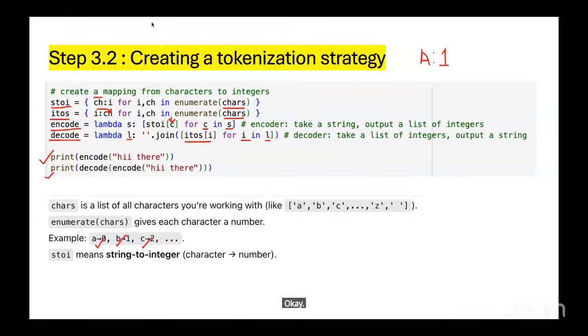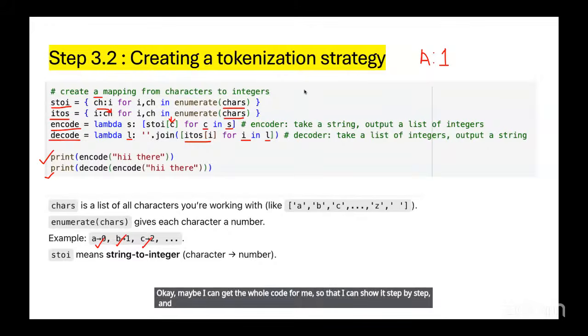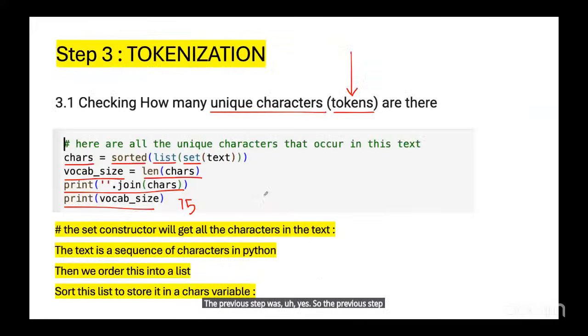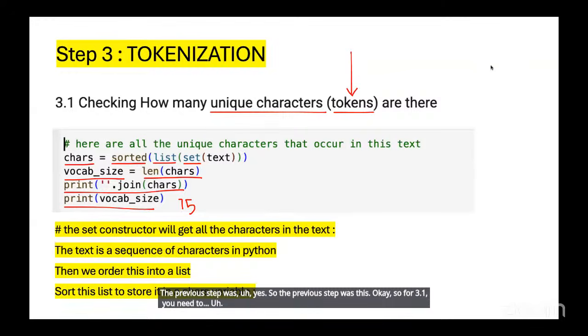Okay, maybe I can get the whole code so that I can show it step by step and run the code for you. The previous step was this. So for 3.1, you need to check how many unique characters are there.